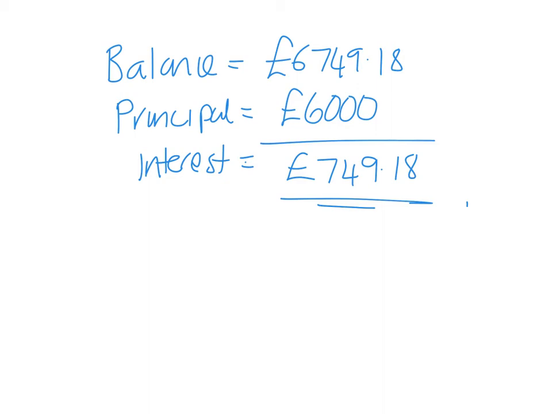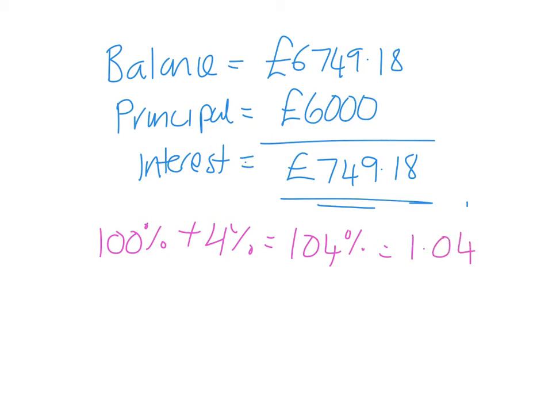Now for each year, what we did is we worked out 4% and we added it on. So the first thing we're going to do is we're going to find a way of doing those two steps in one go. So the 100% is what we originally start with. We're adding on 4%. So what we want to calculate is 104%. And we'll just take that number as a decimal, 1.04.